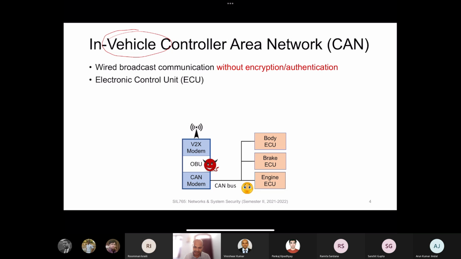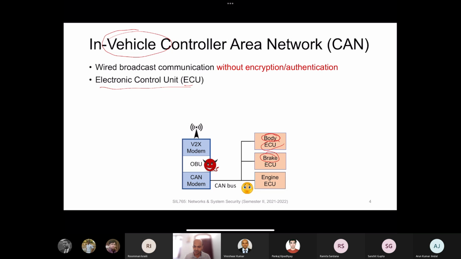And therefore, there is an electronic control unit, ECU, corresponding to each of these components in the vehicle. So body ECU might be referring to something which is locking, unlocking the doors, or other things which are being controlled electronically. So probably just the windows or other things related to the structure of the car.